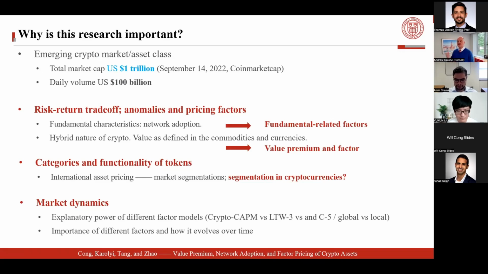Fundamental factors like network adoption, value-based factors like we think about in terms of a horizon and a something-to-price ratio kind of value-based premium. And then again, there's this interesting new way of thinking about categories and subcategories related to functionality of tokens and their different purposes that seems to bear out in the pricing. So that's a big finding, I think, and a cool one.